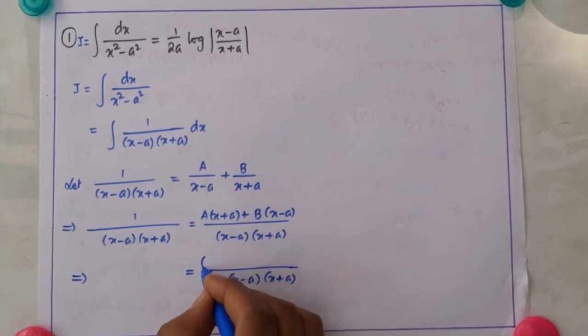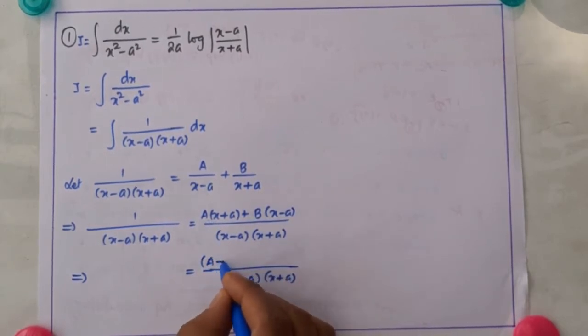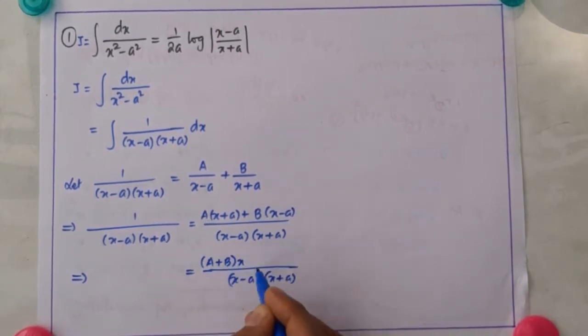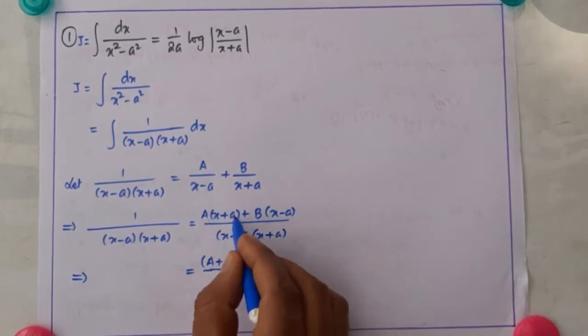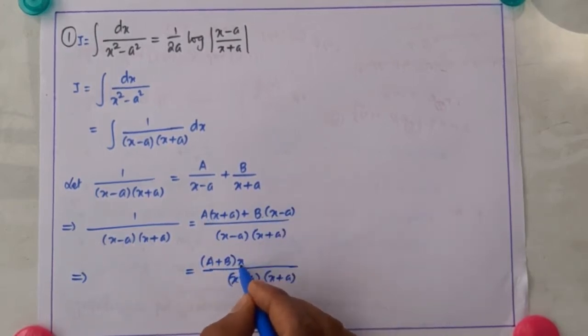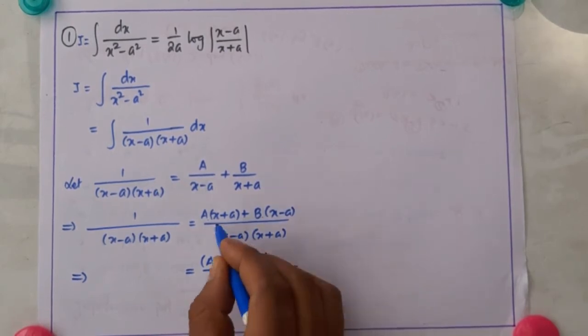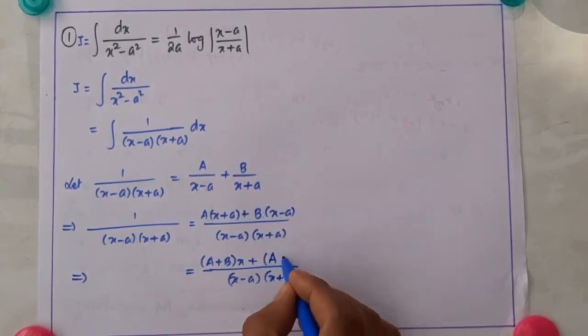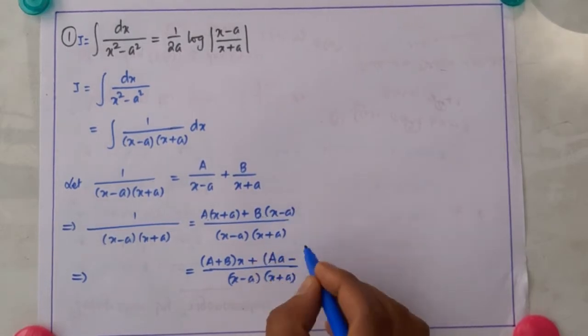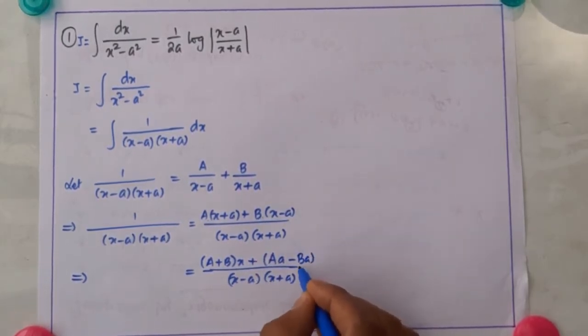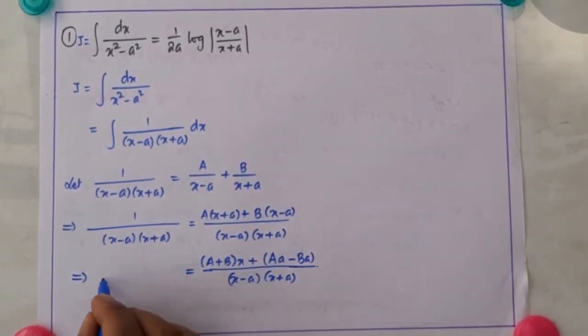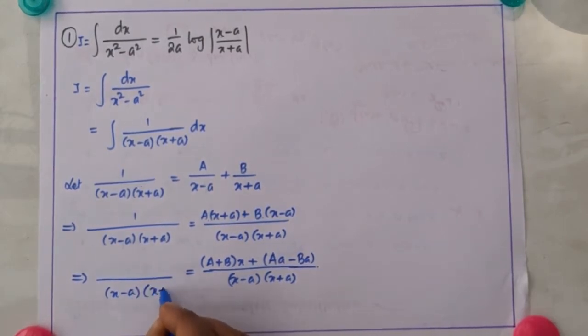Here we have Ax, here we have Bx, so take x common, you will get (A plus B). Now in the remaining you have Aa minus Ba, isn't it? Okay, now here this is (x minus a) into (x plus a).